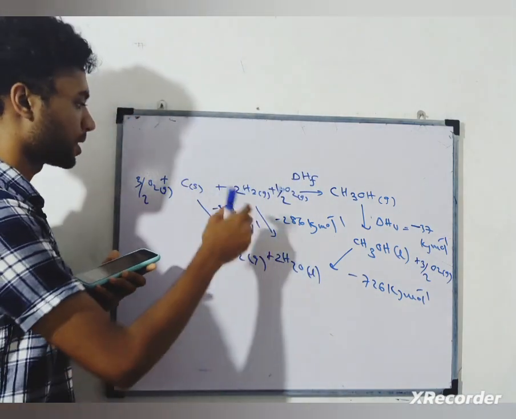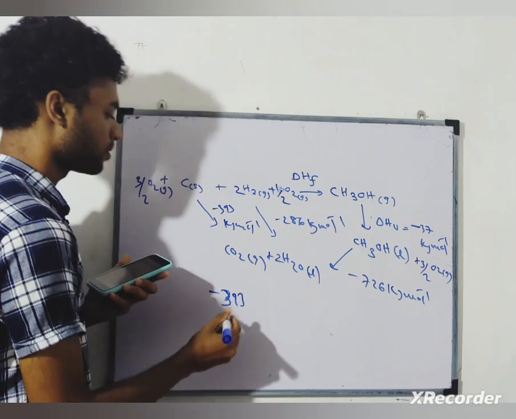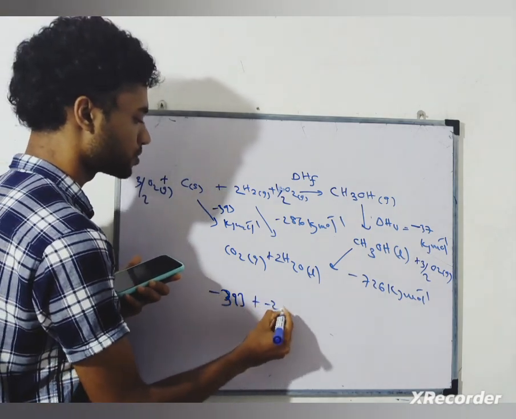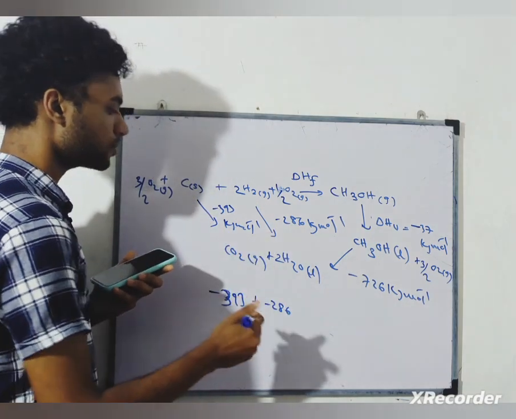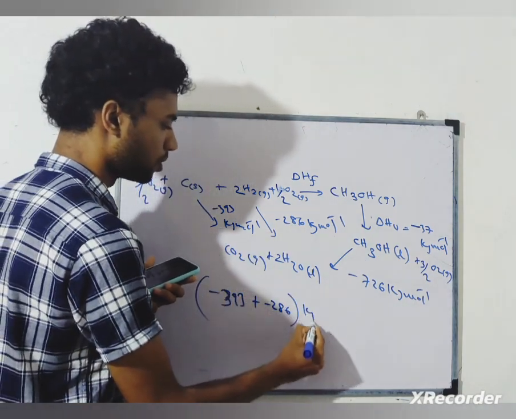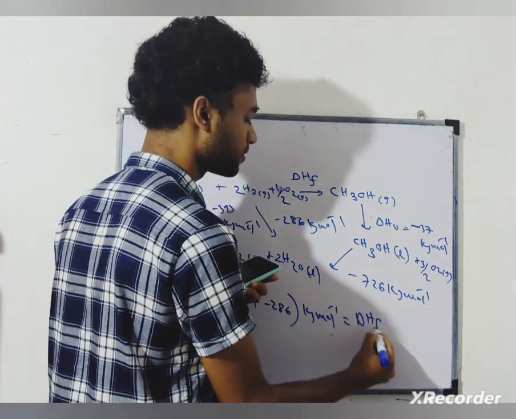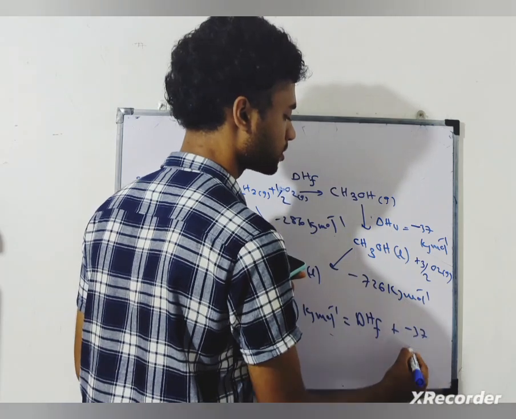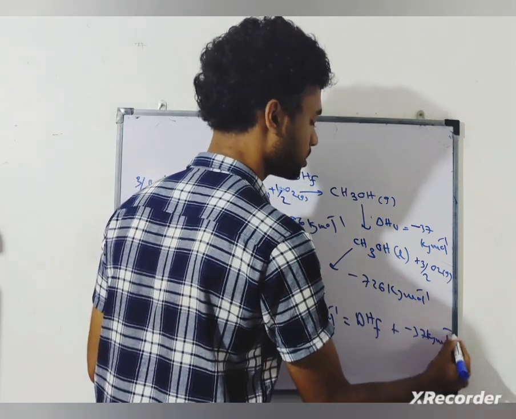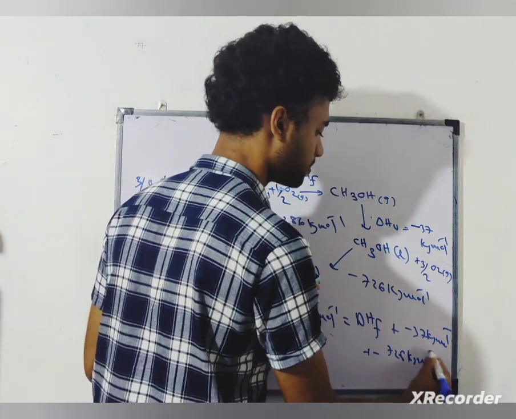Then what can we say? I can say minus 393 plus minus 286 in this direction, kilojoules per mole, should be equal to delta HF plus minus 37 kilojoules per mole plus minus 126 kilojoules per mole.